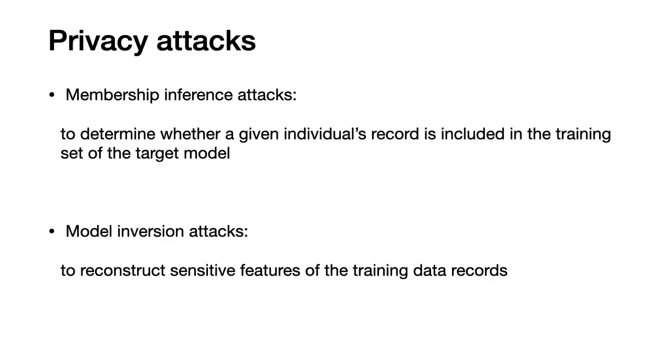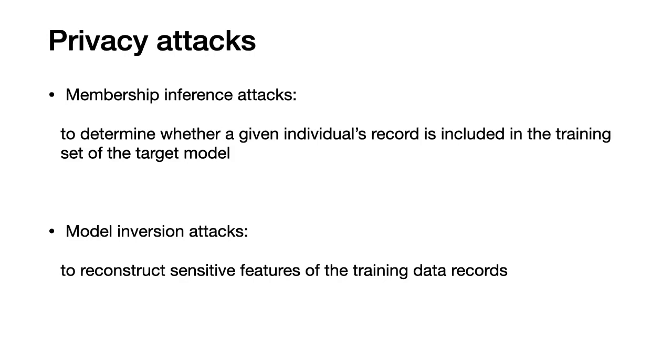Well, machine learning is about obtaining utility from data, so it is natural to raise concerns regarding whether the data are properly protected. Here are two types of privacy attacks. One is membership inference attacks, which determine whether a given individual's record is included in the training set of the target model.